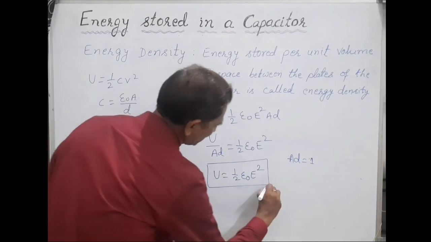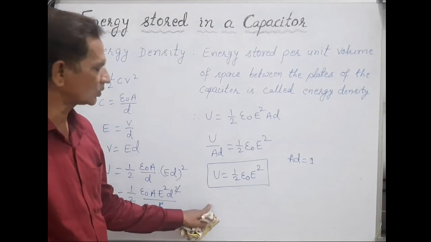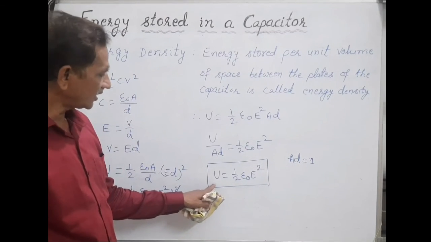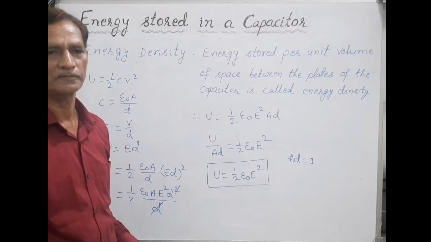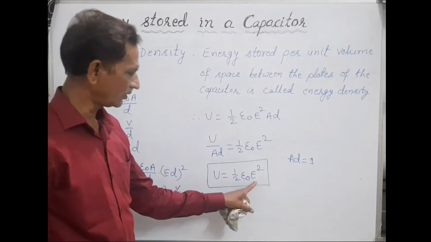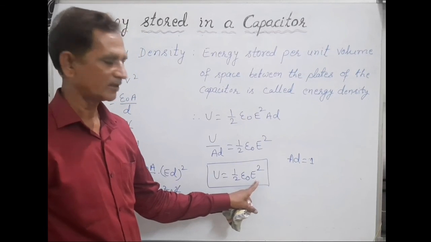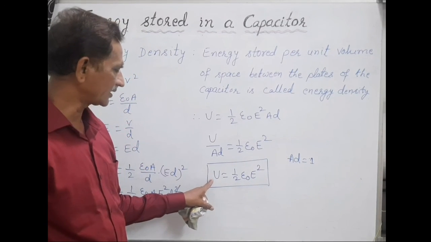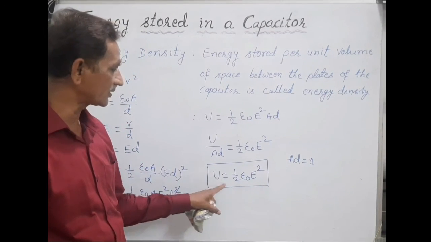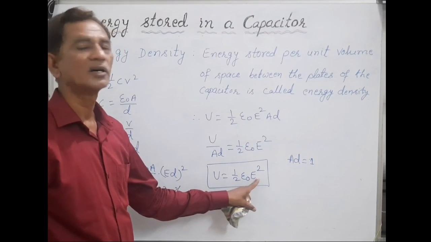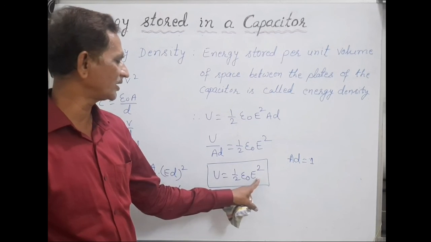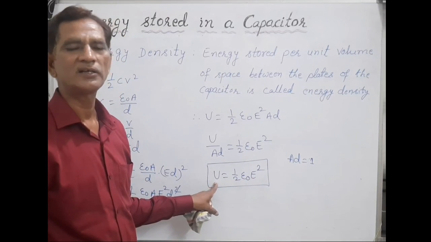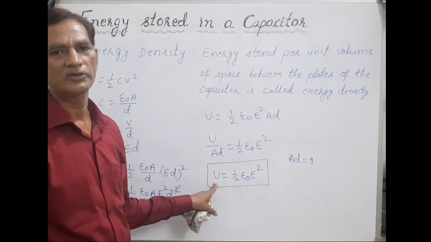This is the expression for energy stored as well as energy density of the capacitor in the form of electric field. As the energy stored in the capacitor depends upon the electric field, as the electric field increases, the energy density also increases.